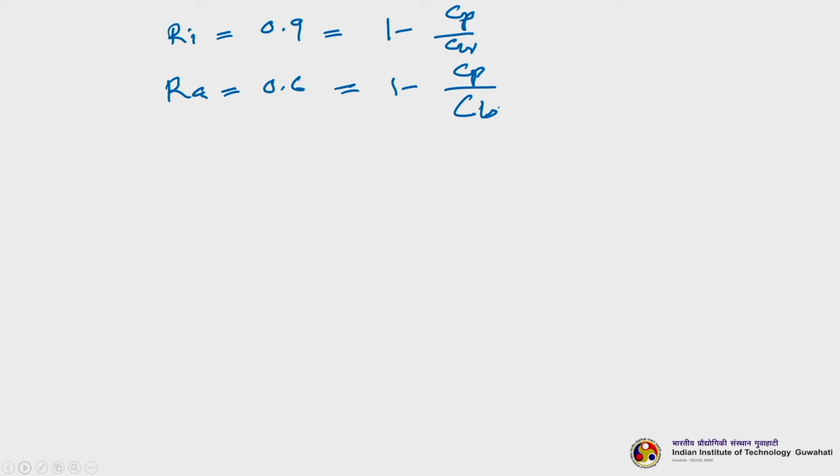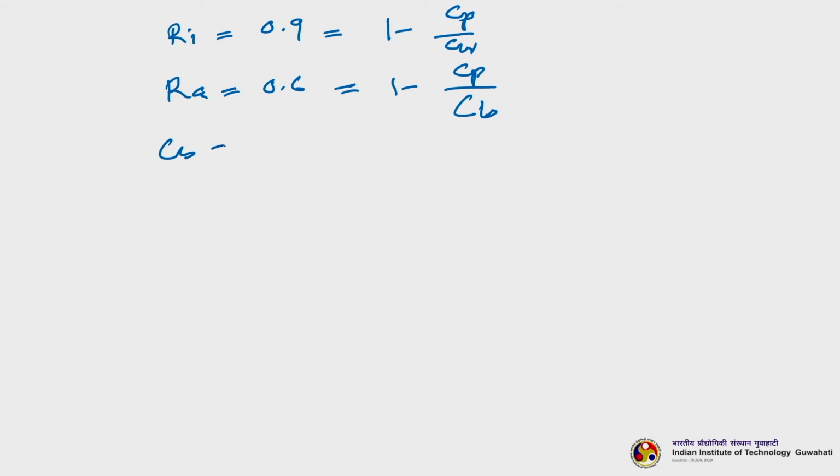Intrinsic is the real one; Cw is the concentration at the surface of the membrane. Since you cannot calculate it, you can use Cb, the bulk concentration, to calculate the apparent rejection coefficient or sieving coefficient later on. Your protein concentration Cb is given as 20 grams per liter, or 20 kg per meter cube.